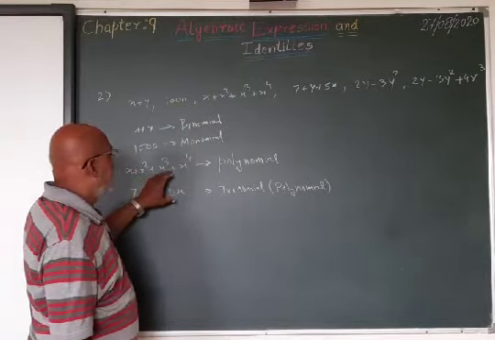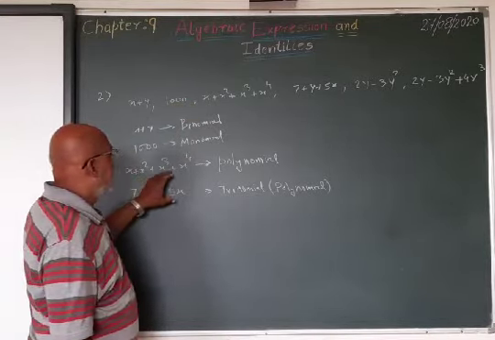Add the following algebraic expressions. Now, if under this title there are some algebraic expressions given to you, you have to see the common or like terms, and accordingly you have to add them.